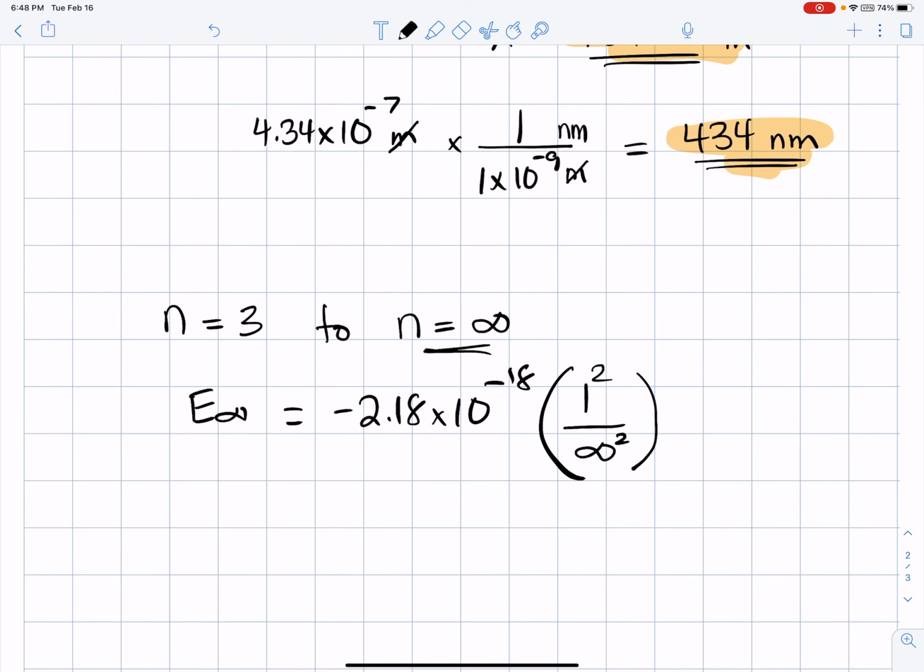So we're taking negative 2.18 times 10 to the minus 18, and we're dividing it by bigger and bigger and bigger and bigger things. Well, what happens to the answer of a division question when you divide by bigger and bigger things? If you divide by bigger and bigger numbers, doesn't your answer get smaller and smaller?